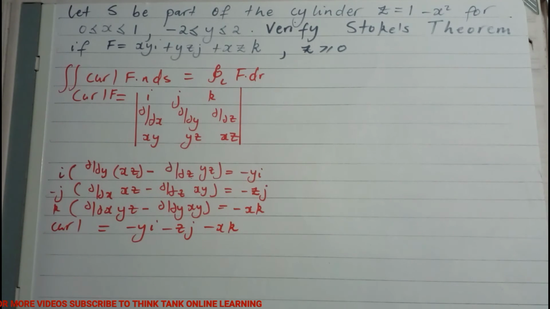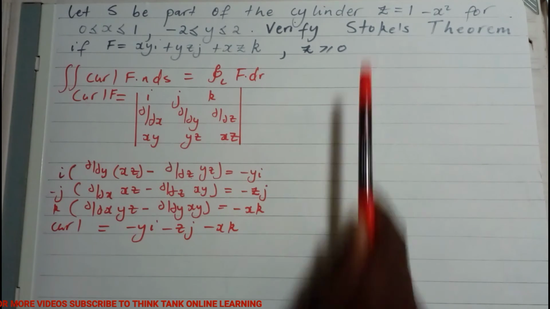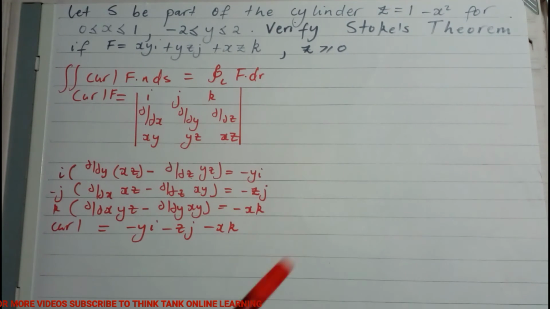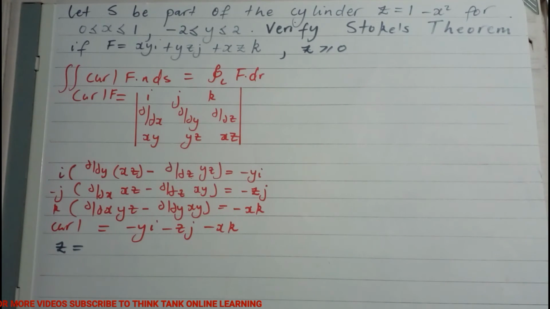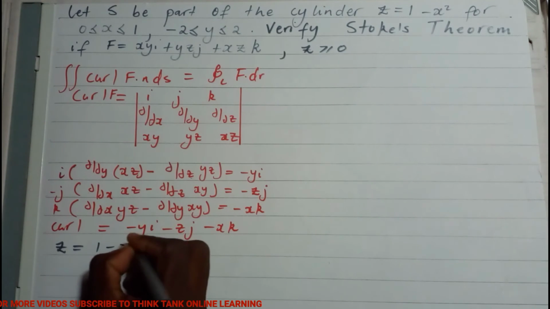What about finding the normal? This is the equation of our surface, so I'm going to use the same equation to find the normal. Let me first write this function: z is equal to 1 minus x squared.